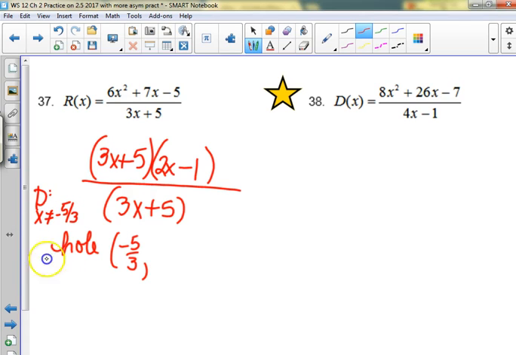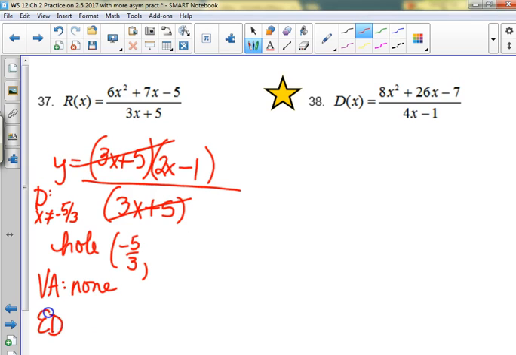I heard there's no vertical asymptote. Is that true? Because there's only a hole. There's no vertical asymptote. So our end behavior equation is going to be really easy. We don't have to go back and do division because what is this going to be left? Yes.